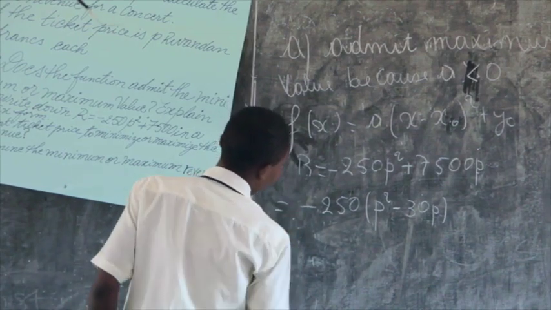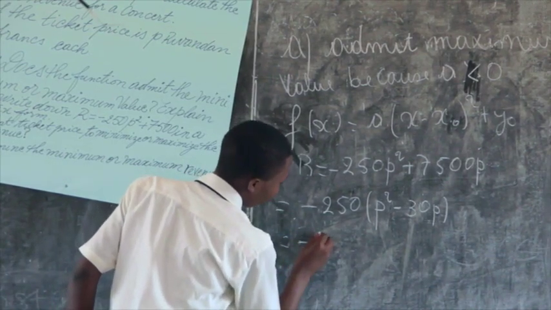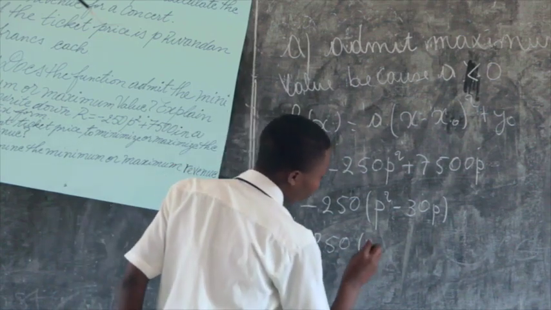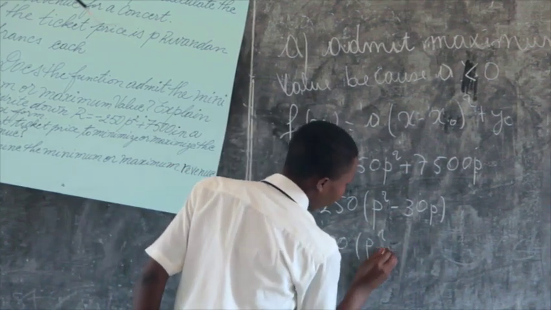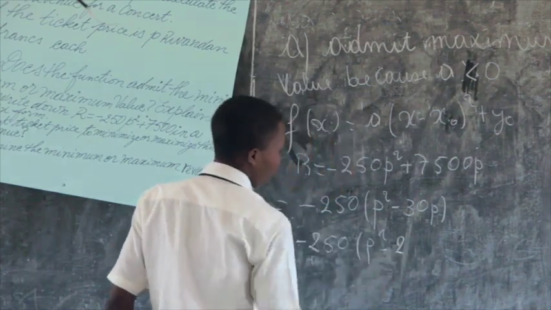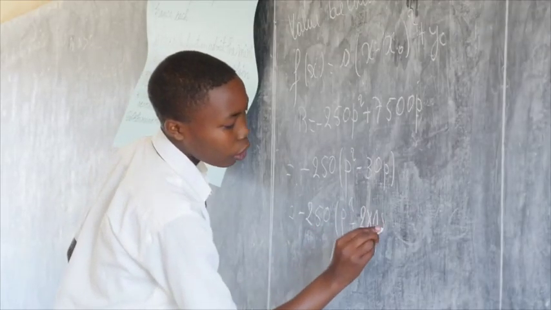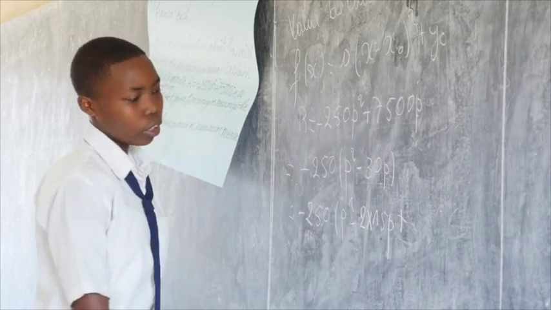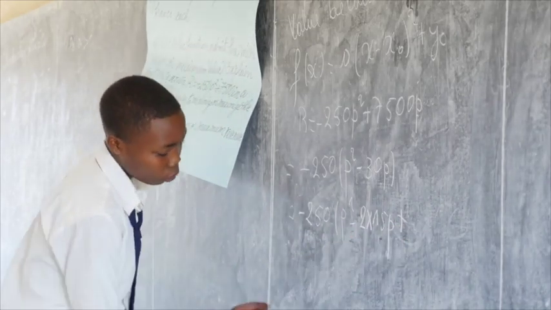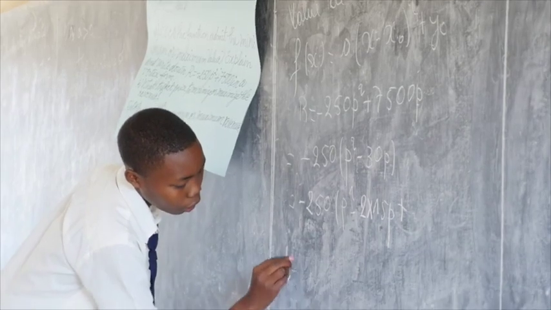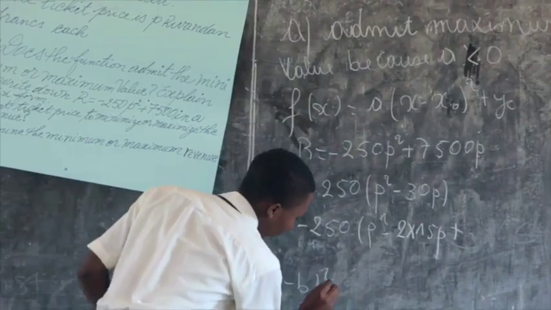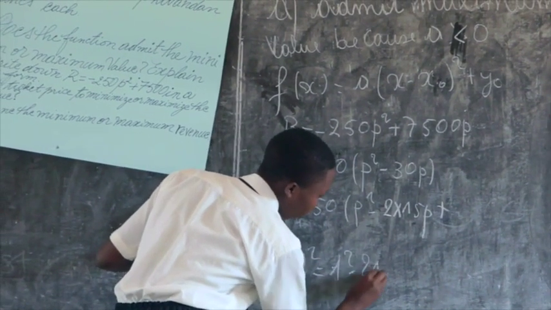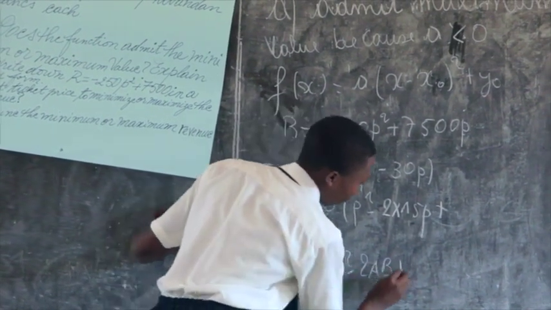This is equal to minus 250 factor of p squared minus 2 times 15p plus 15 squared. This 15 is b because it uses the formula a minus b squared equals a squared minus 2ab plus b squared.